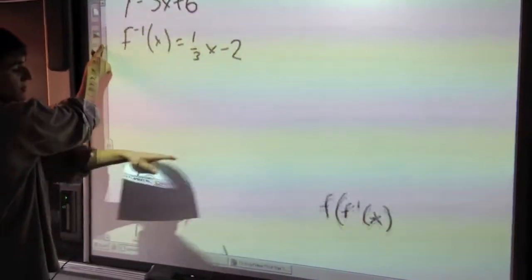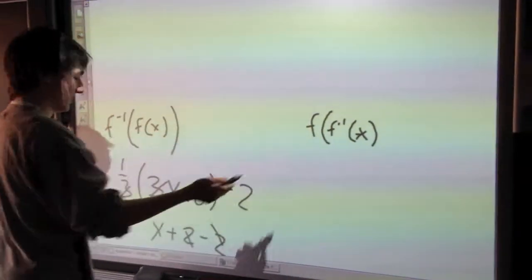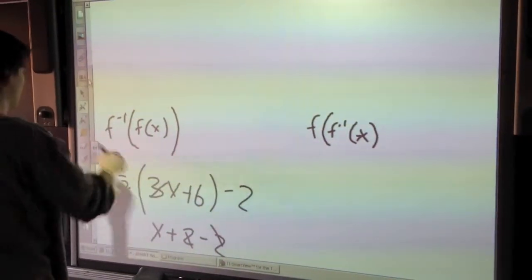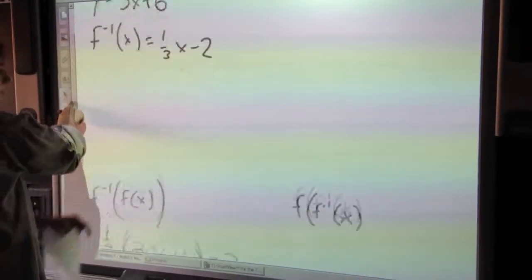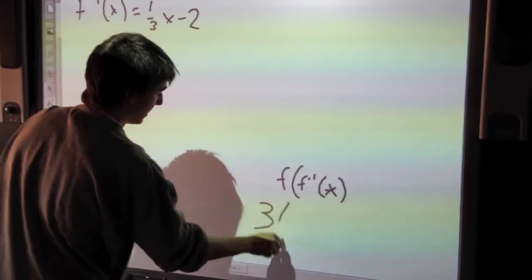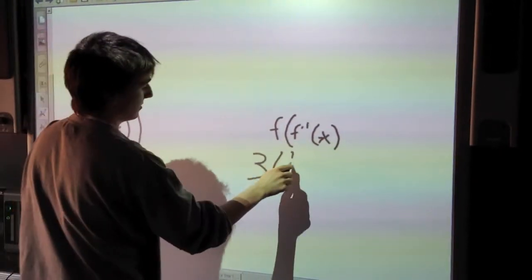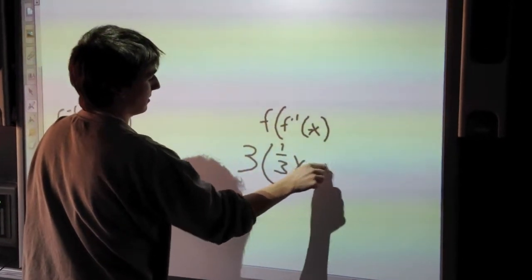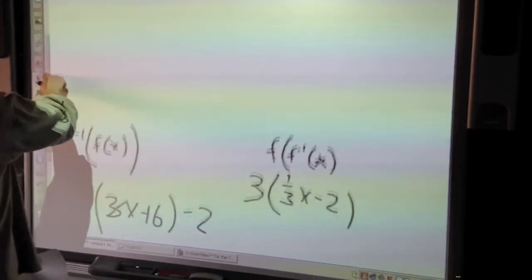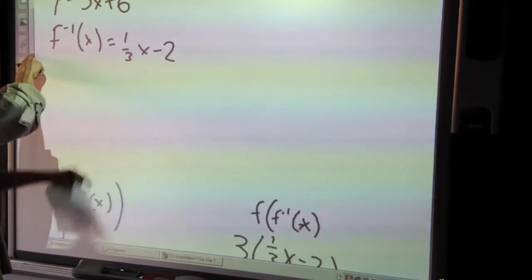So then for this part, you're going to do your original equation, which was 3x. So it's 3 times whatever your inverse function was, which is 1/3 x minus 2, and then plus 6.